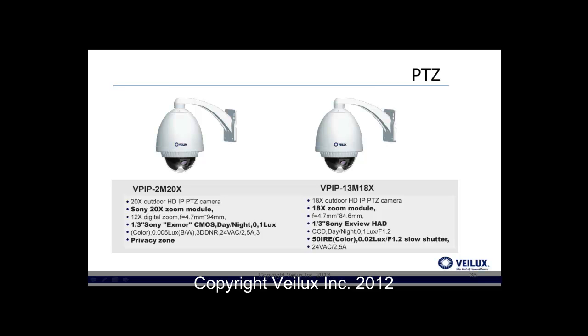The VP IP-13M18X. It is an 18x outdoor HD IP PTZ camera, an 18x zoom module, a 1/3 Sony Exview CCD day and night, 0.1 lux, 24 volt AC, 2.5 amps.